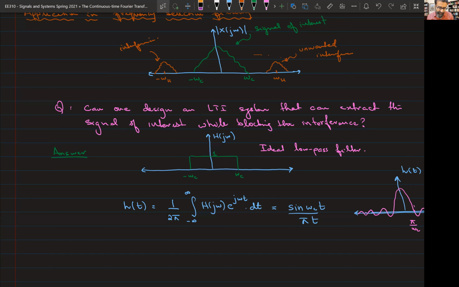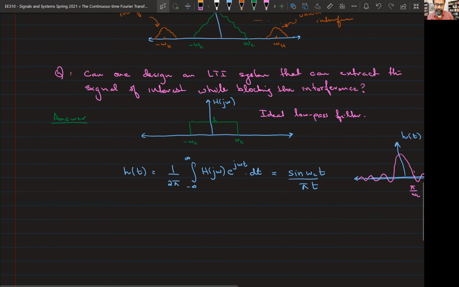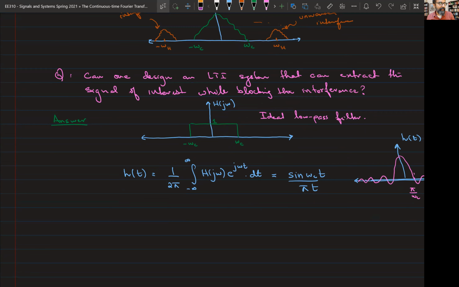Any questions about this before I talk about the next example, which is once again going to be an application which is not frequency selective filtering anymore, but another way to compute convolution, if you will, right?